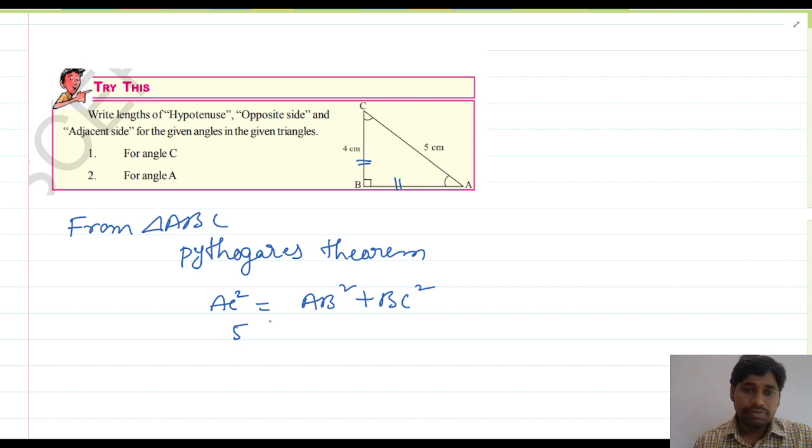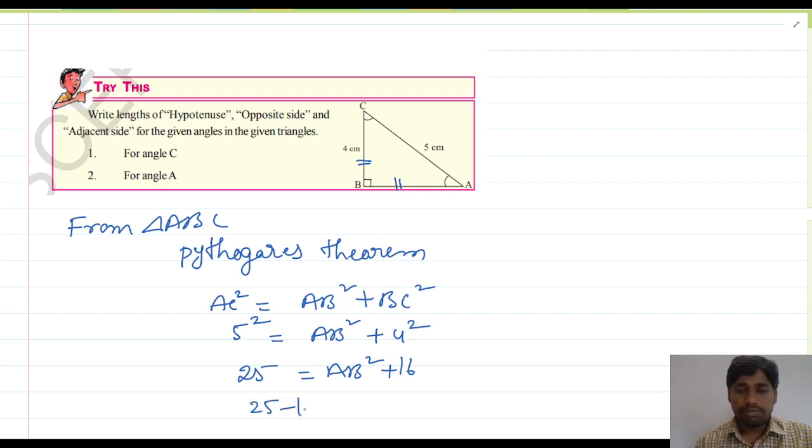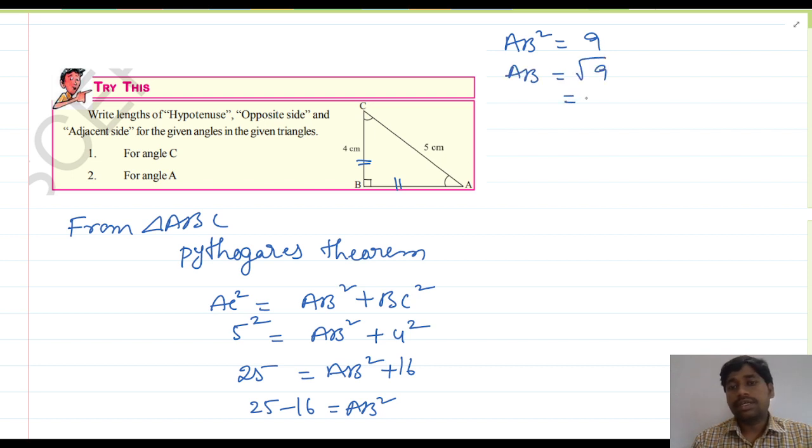Hypotenuse is given, 5 square, which is equal to AB, which is unknown, plus BC, given 4, so 4 square. So 25 is equal to AB square plus 16. If you transfer 16, it becomes 25 minus 16 is equal to AB square. So AB square is equal to 9. Then the AB value is the square root of 9, simply 3 centimeters.